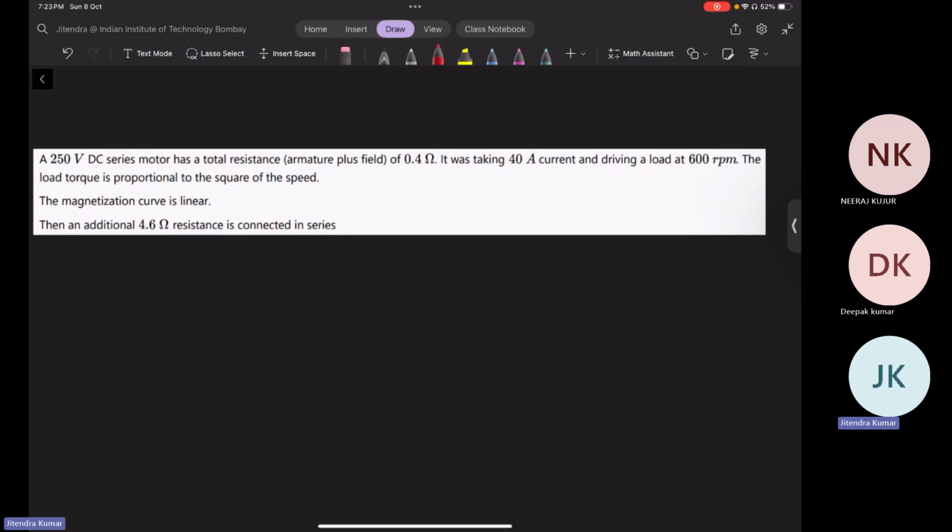Okay, so here we will be inserting an external resistance in series. First, we need to find the speed and current. Basically, we need to find Ia2 and N2 for the case when we insert 4.6 ohm of additional resistor.